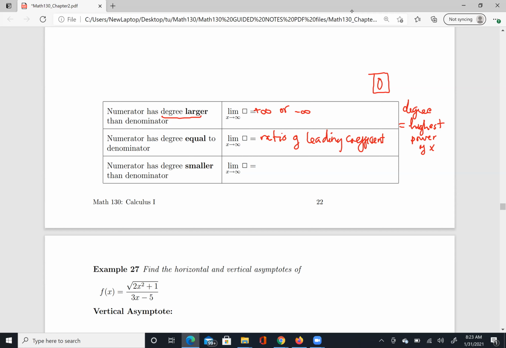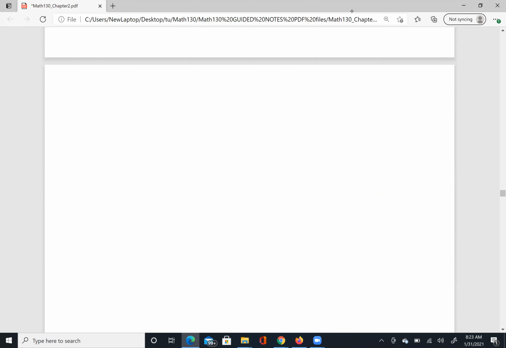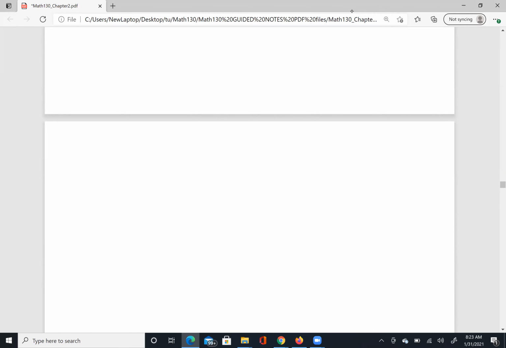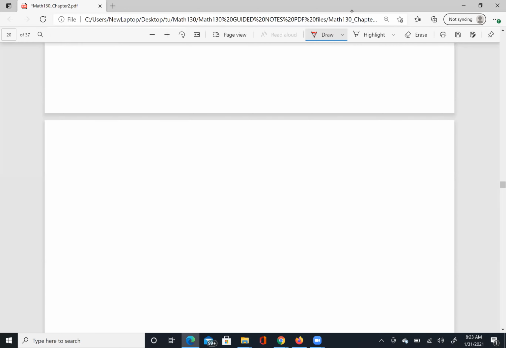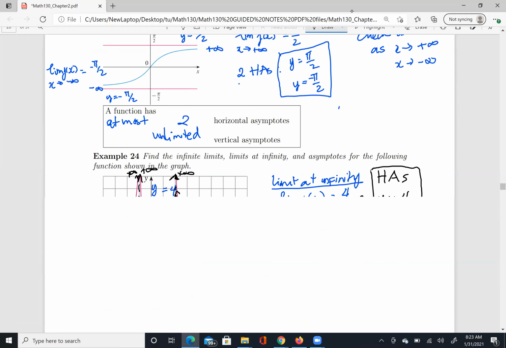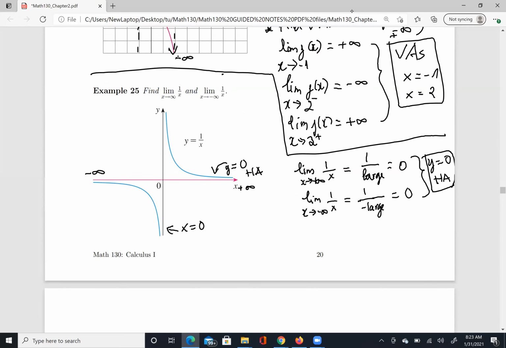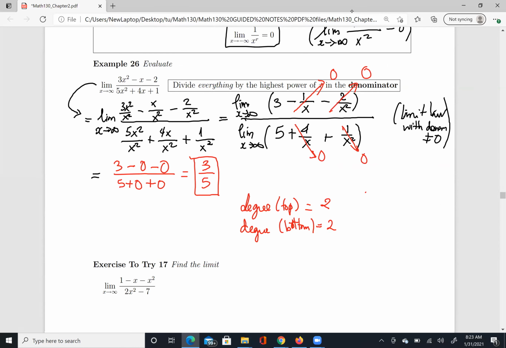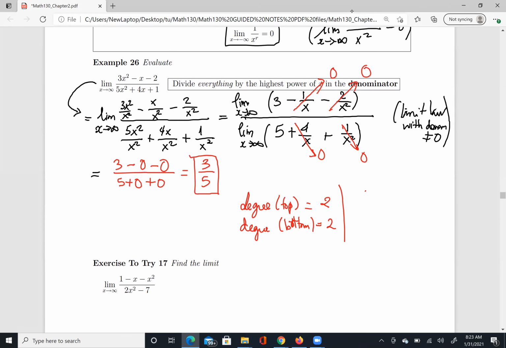Okay, so maybe you guys are going to say, oh, what is the leading coefficient, right? Let's move up to the example that we have finished over here. Leading coefficient for the top.